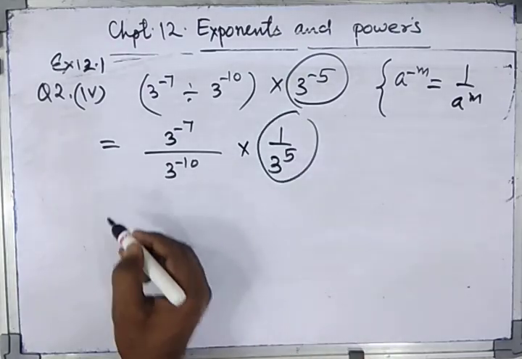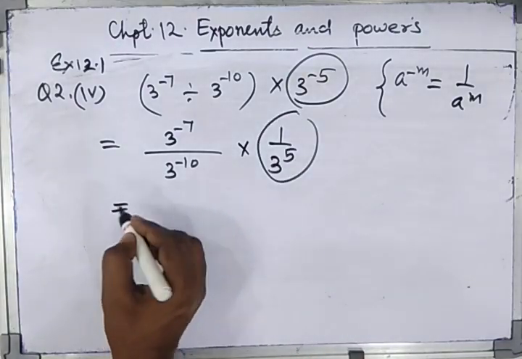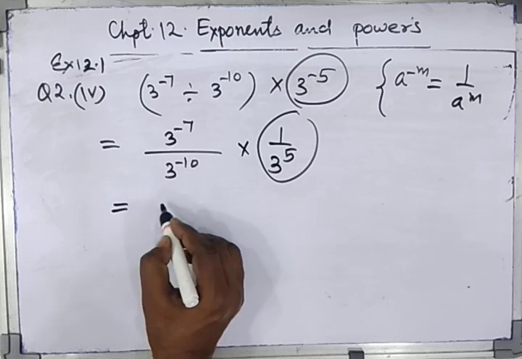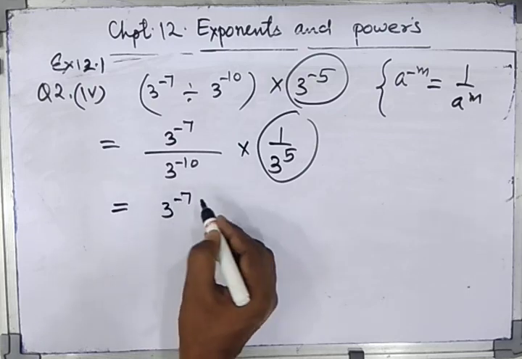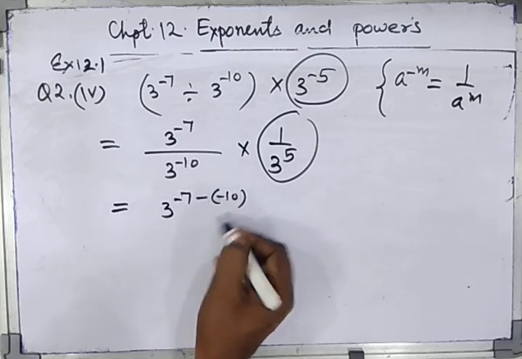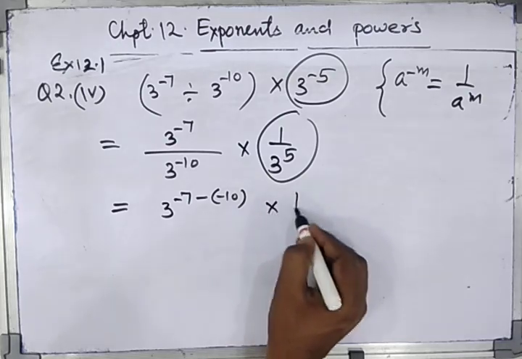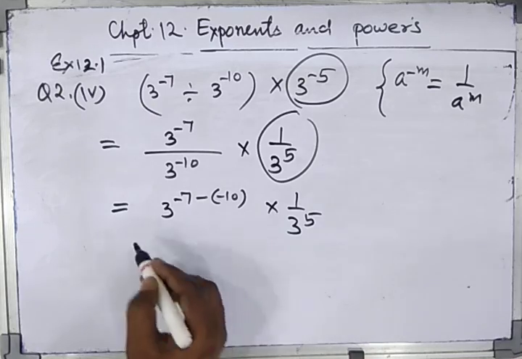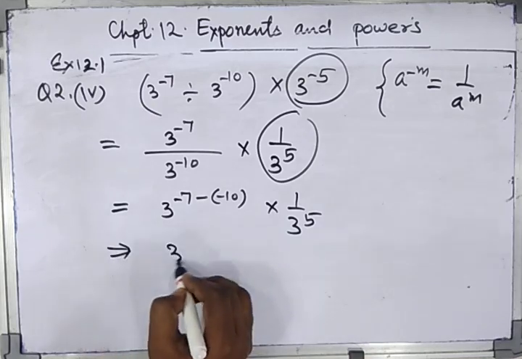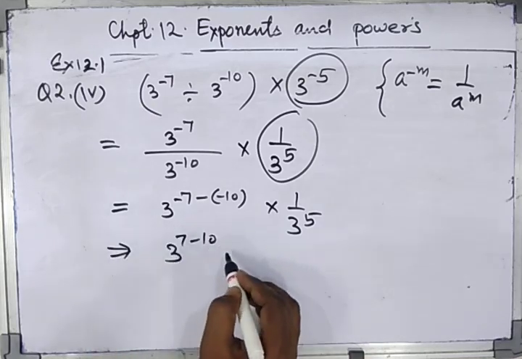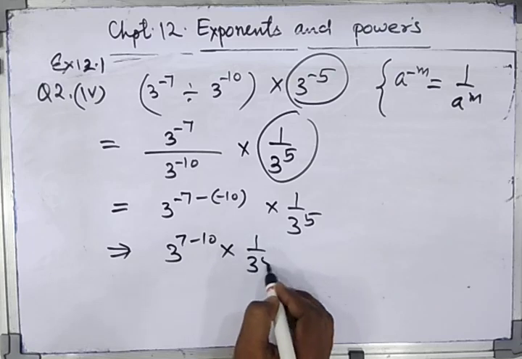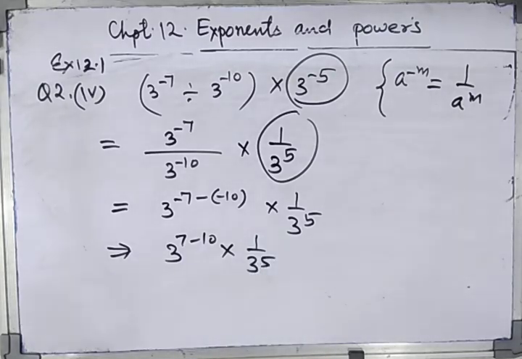So this will be equal to 3 raised to minus 7 minus minus 10 into 1 by 3 raised to 5. This will be equal to 3 raised to 7 minus 10 into 1 by 3 raised to 5.